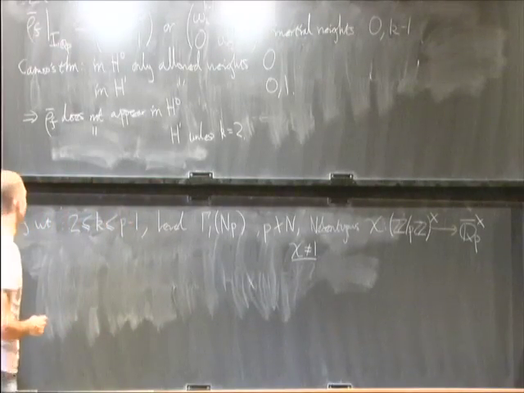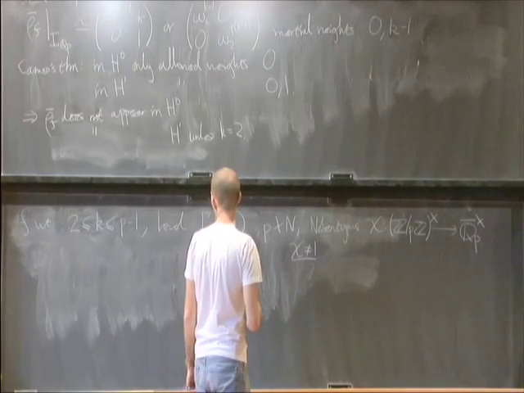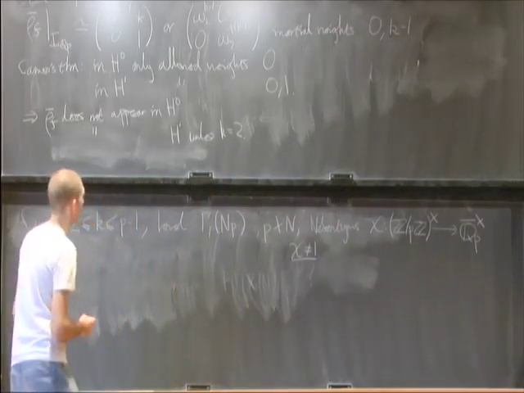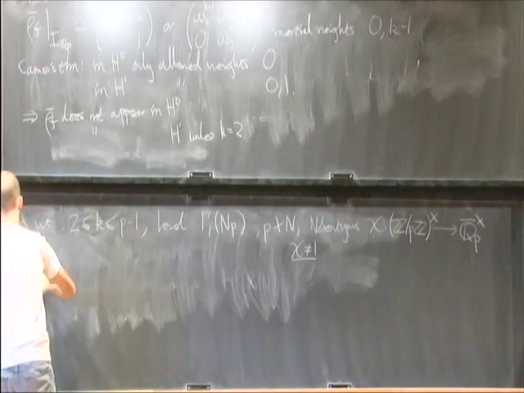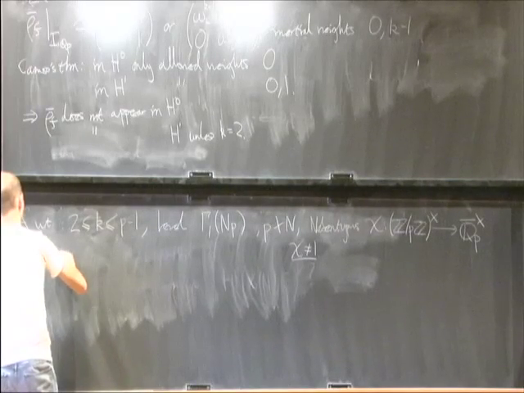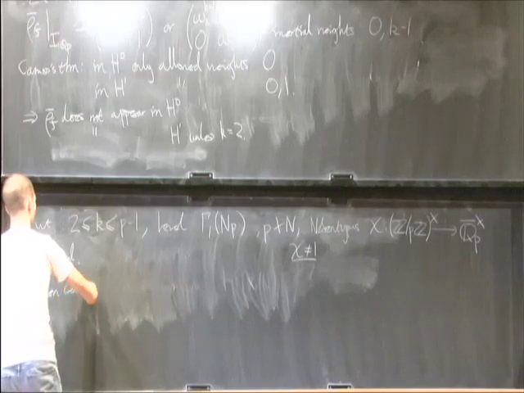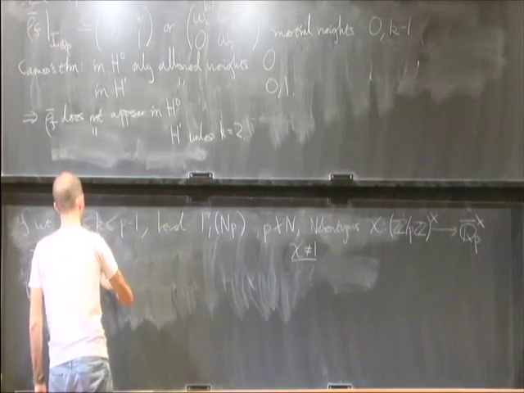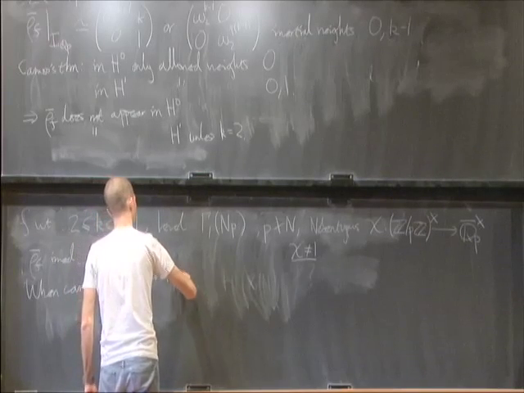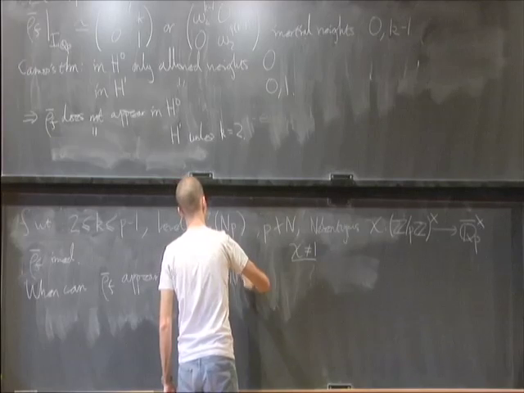OK, and now I want to ask myself what I can say about when rho f bar can appear in cohomology at this level instead. So I'll assume that rho f bar is irreducible. It's an assumption. And I'll ask myself, when can rho f bar appear in this H^i of X_1(Np)?